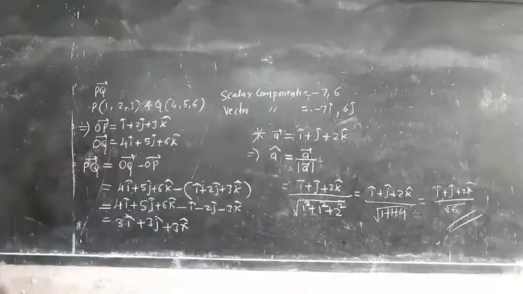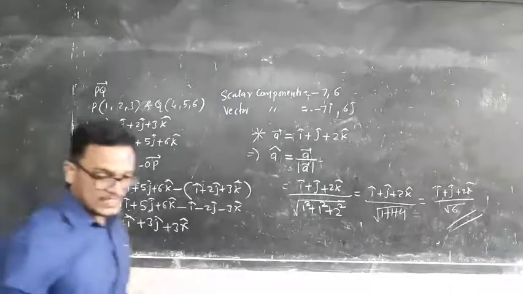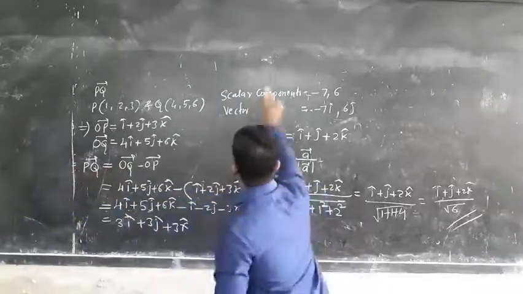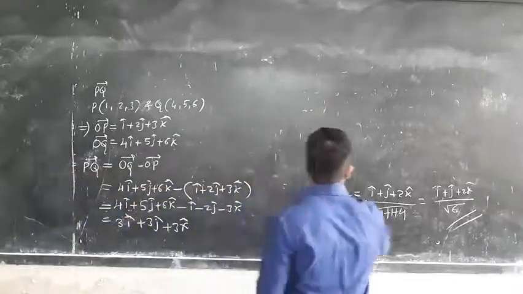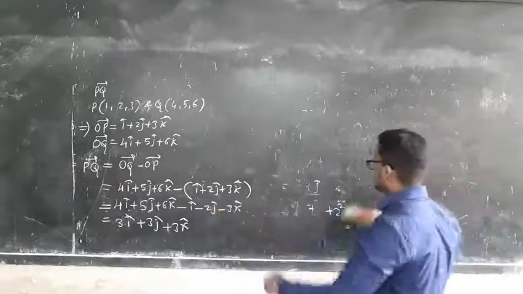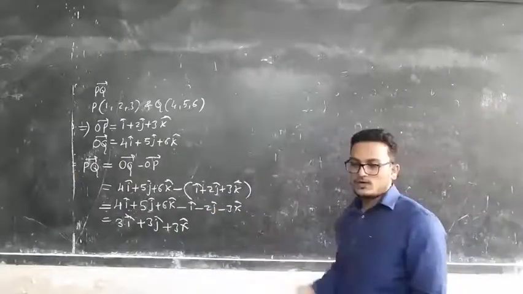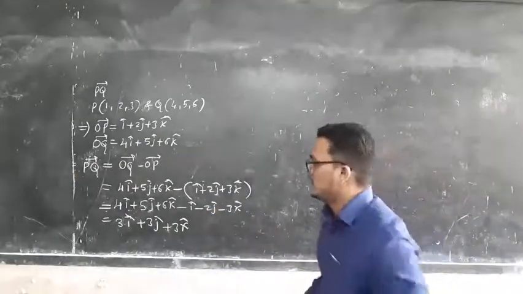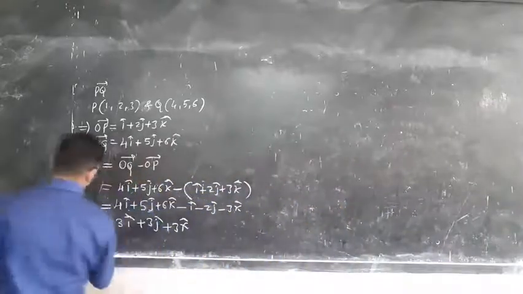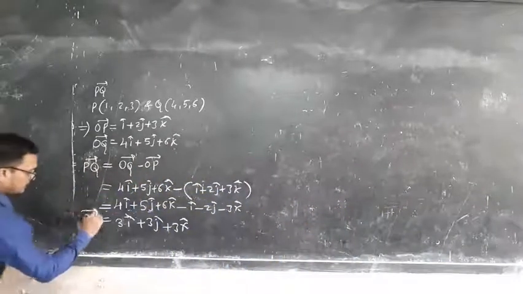I did the subtraction of the corresponding components. It is simple addition and subtraction. So this is your vector PQ.